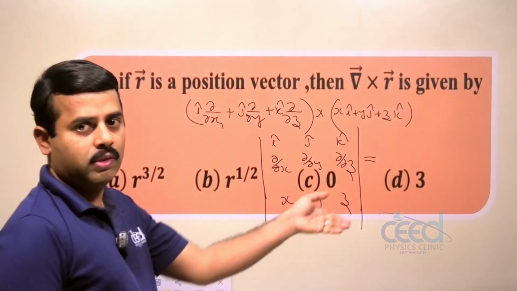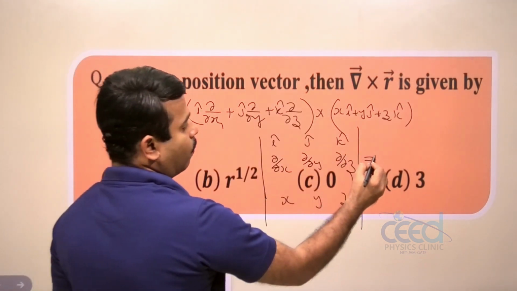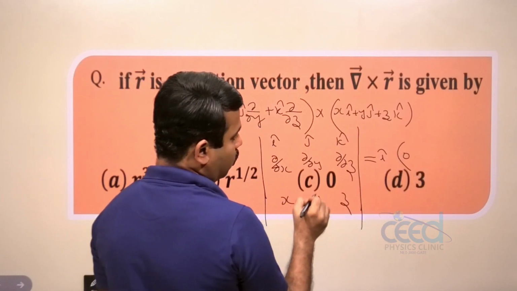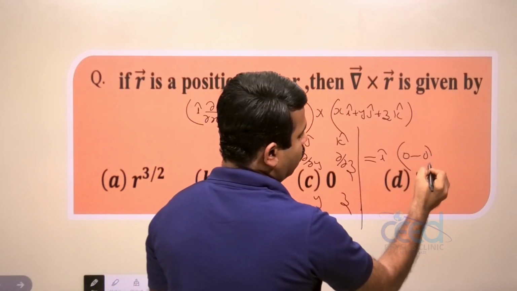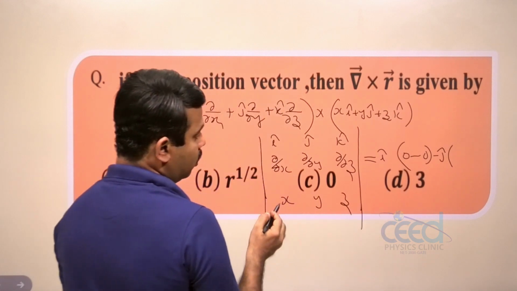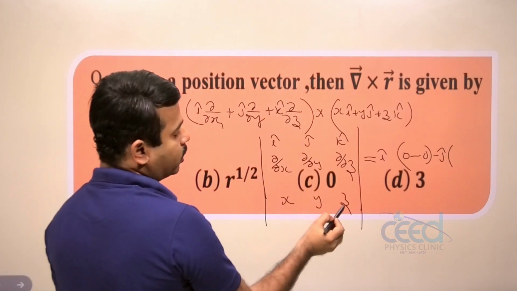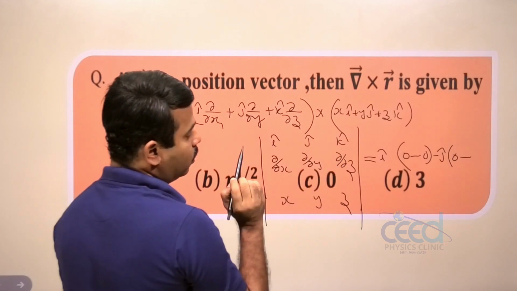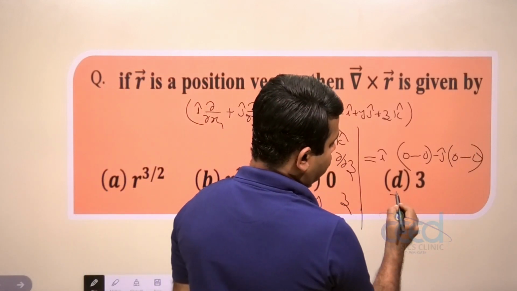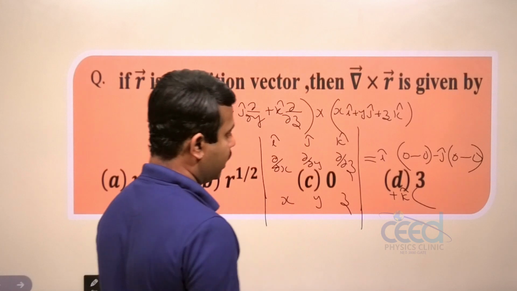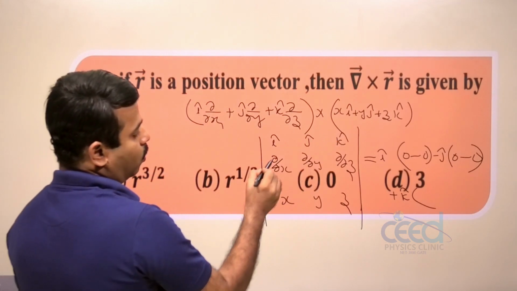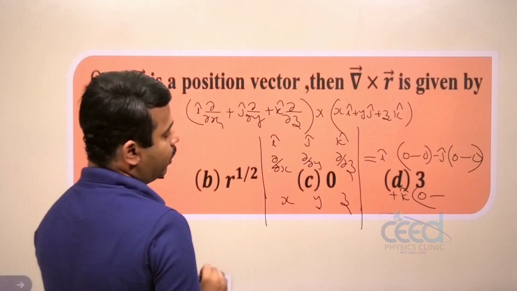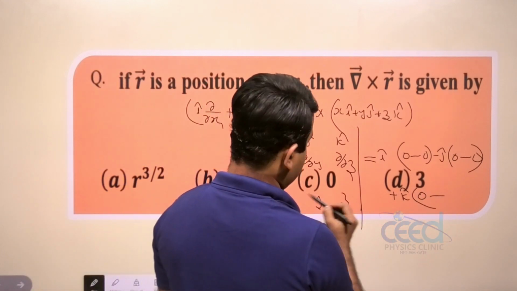This is del cross r, right. That is equal to i cap into dou by dou y of z, 0, minus dou by dou z of y, 0, minus j cap into dou by dou x of z, 0, minus dou by dou z of x, again 0, plus k cap into dou by dou x of y, 0, minus dou by dou y of x, right.